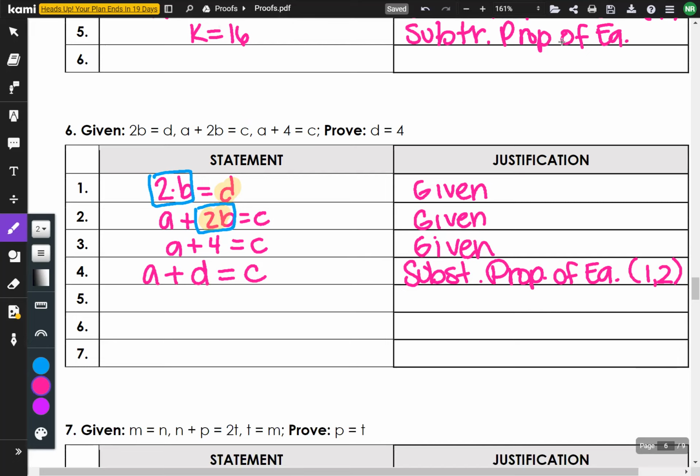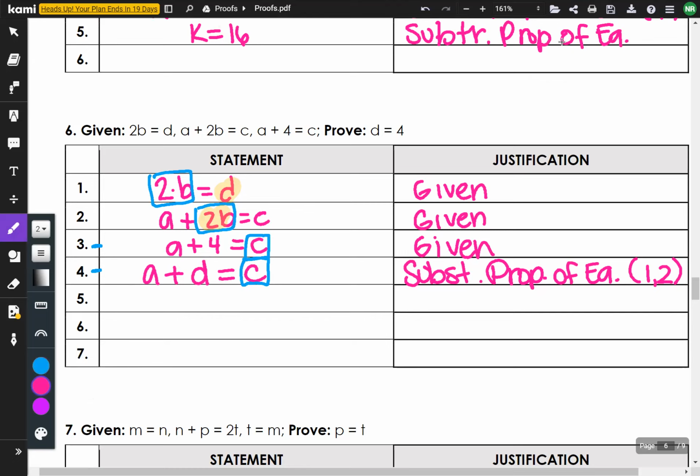Now we can actually combine lines 3 and 4 using what? What do they now have in common? What is something that I can switch out now? Lines 3 and 4. C. If both sides are equal to C, then they must be equal to each other.